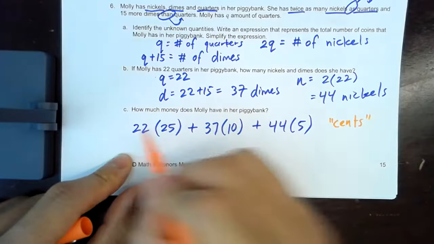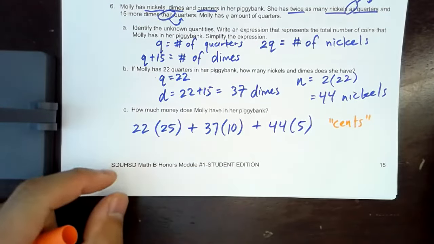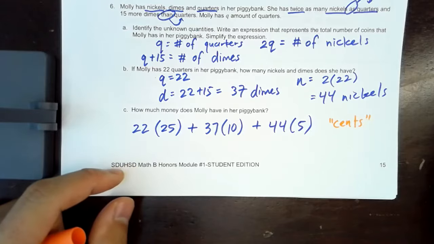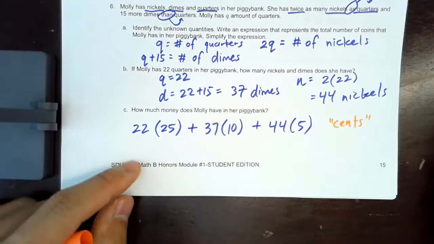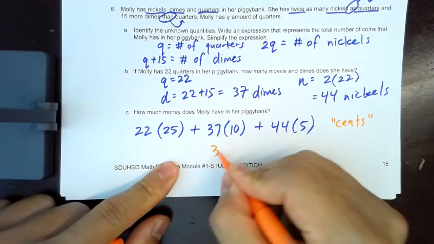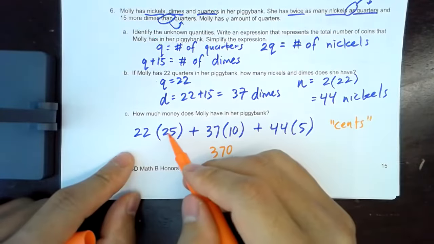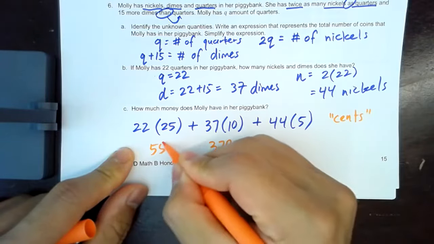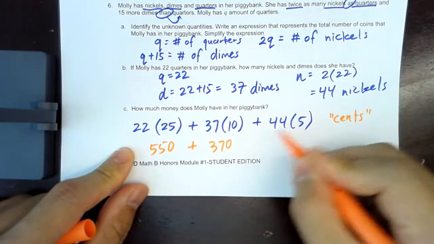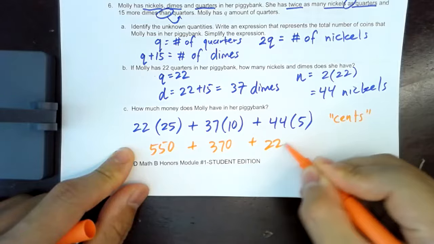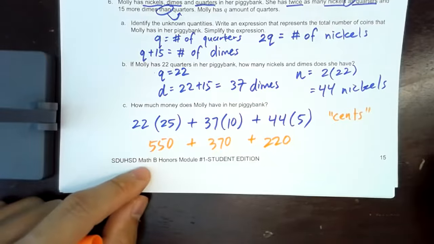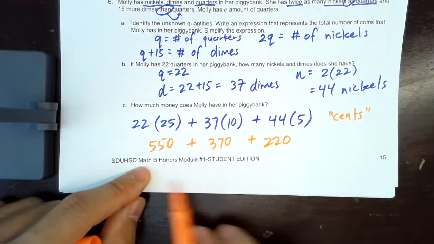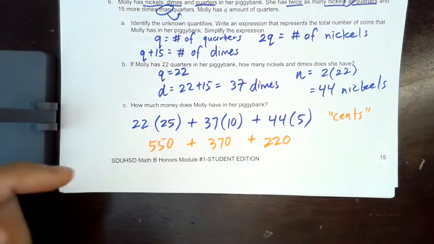22 times 25 is going to be, is that 550? This is 370, right? 25 times 20 is 500. 25 times 2 is 50. So this is 550. And 44 times 5 is 220, right? So now you have to combine, and you could see which one's easier to add, although they're all pretty easy to add.